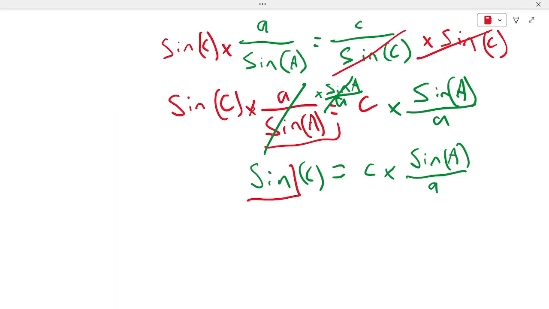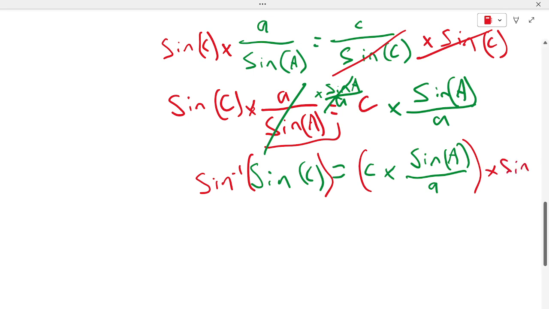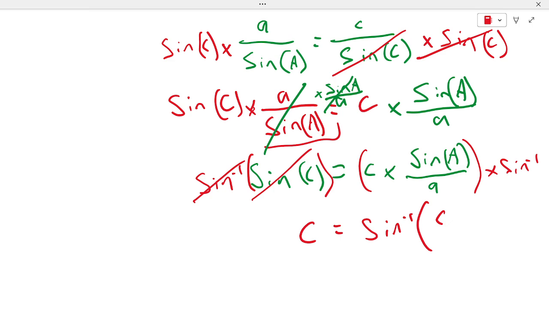So we'll get sine inverse, which cancels out with our sine function, and all of this is going to be multiplied by sine inverse. So that cancels this and this, leaving us just with angle C, which is equal to the sine inverse of C times sine of A over side length A.